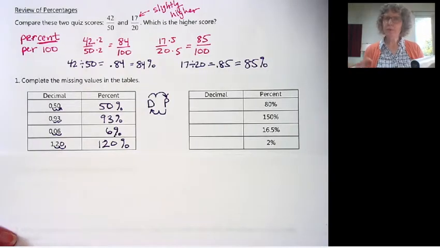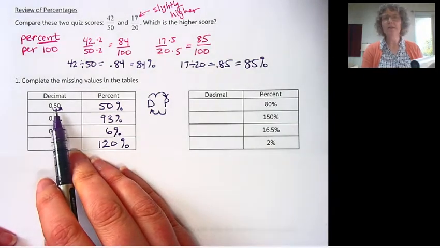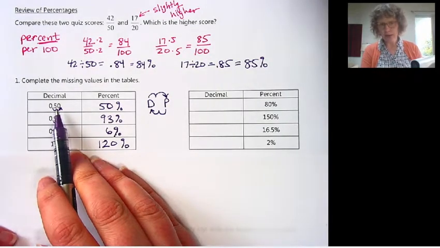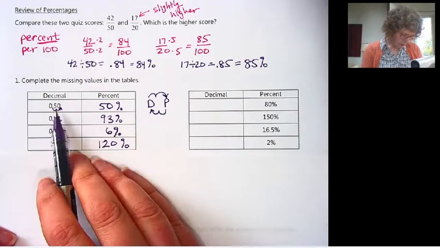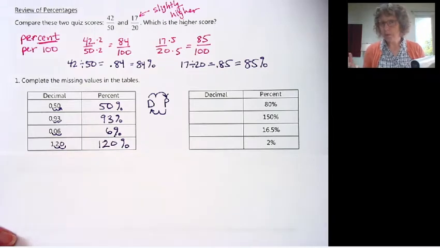Another way you can remember which way to move the decimal, this is more what I do, is I think of one that I know. Like 0.5 is a half, so that should be 50%. If I'm not sure, I'll write out 0.5 is 50%, and then that helps me remember which way to move the decimal.